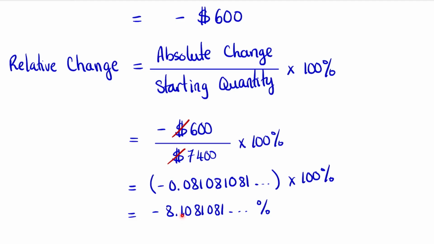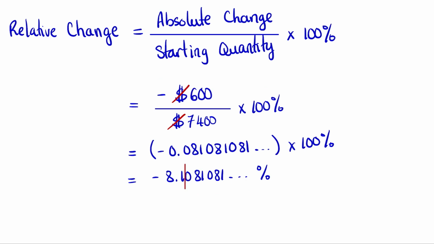Nearest tenth means one decimal place after the decimal point. The digit to the right of 1 is 0, so that means I am going to round down to negative 8.1%. So the percent decrease is 8.1%.